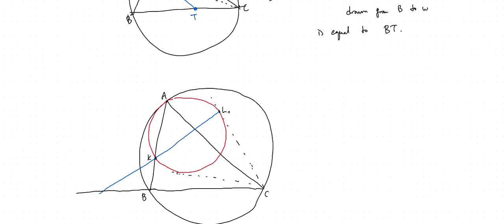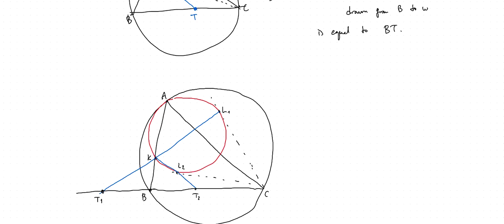Because both of them are possible choices. And consequently, the choices for T are like this, T1 and T2. So in particular, both of these distances must be the same. In particular, B must be the midpoint of T1, T2 for the problem to be reasonable.